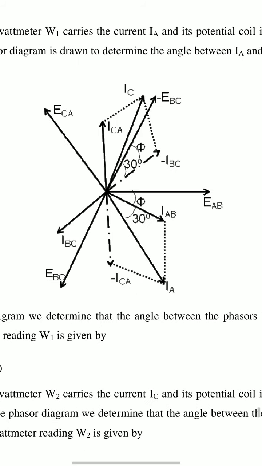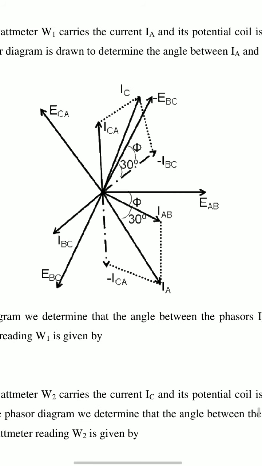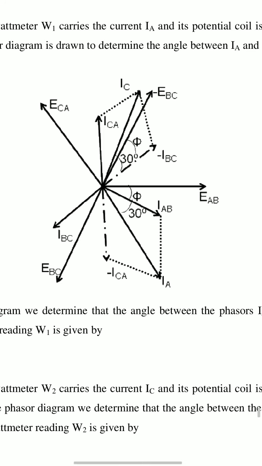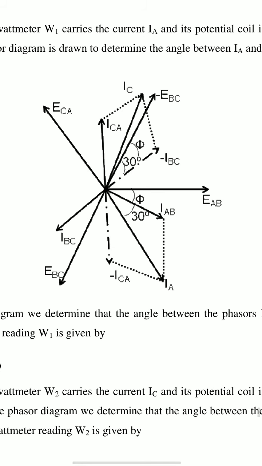And here IA is nothing but the line current, that is the vector addition of minus IC and IAB. Here observe this phase angle.